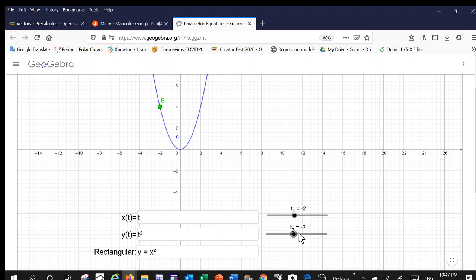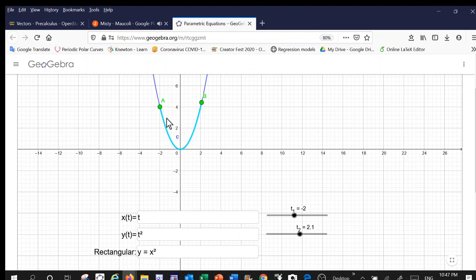But as I change t, as you see, there is an orientation, so the points are created in that direction. These two equations are called the parametric equations for this rectangular equation.